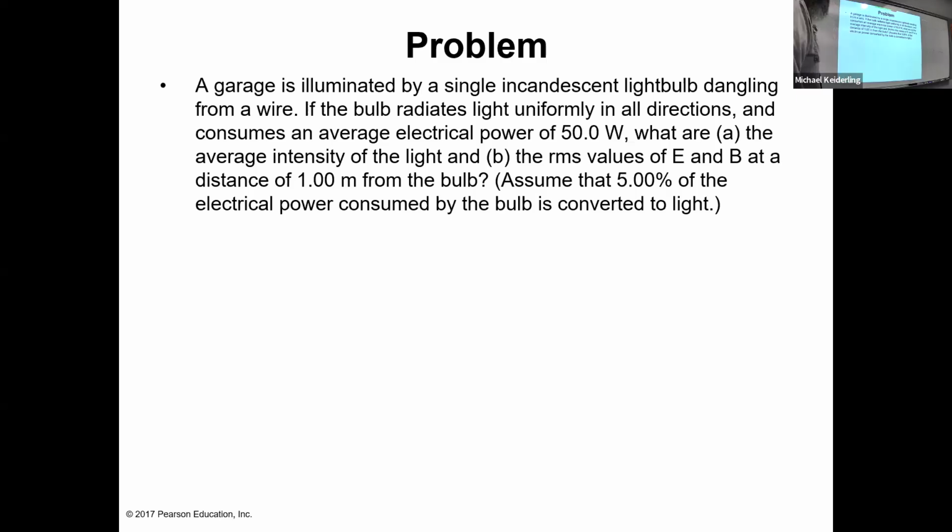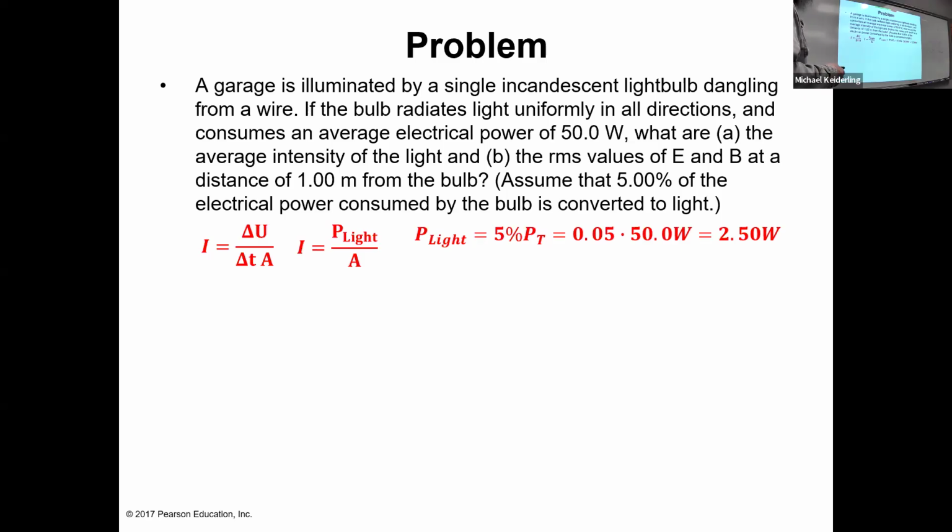Okay, I'll go through how we can do this process. So intensity is energy per time over area. So it's power over area.